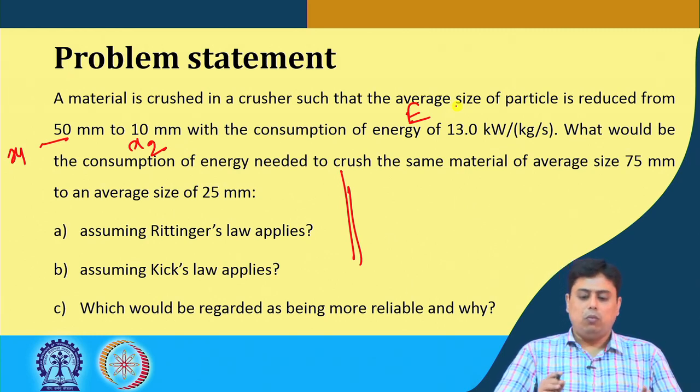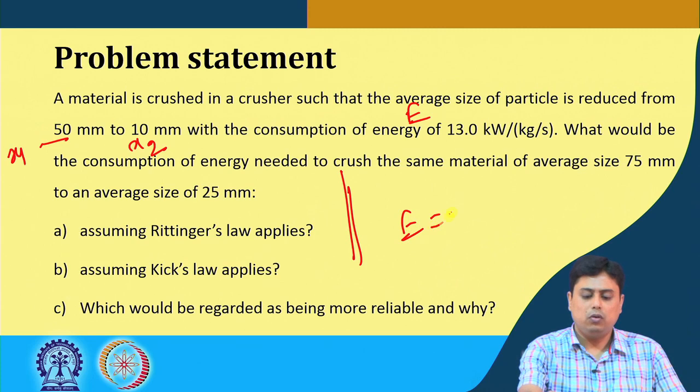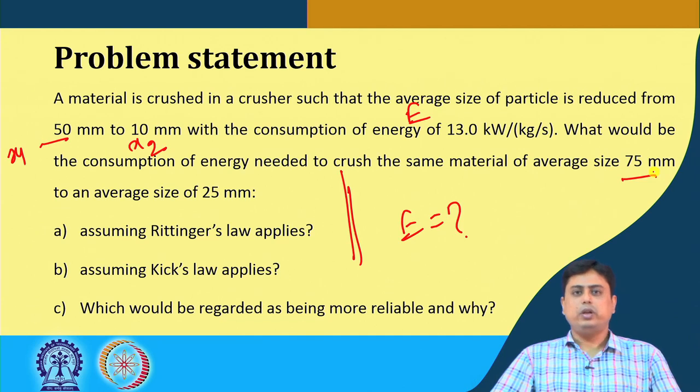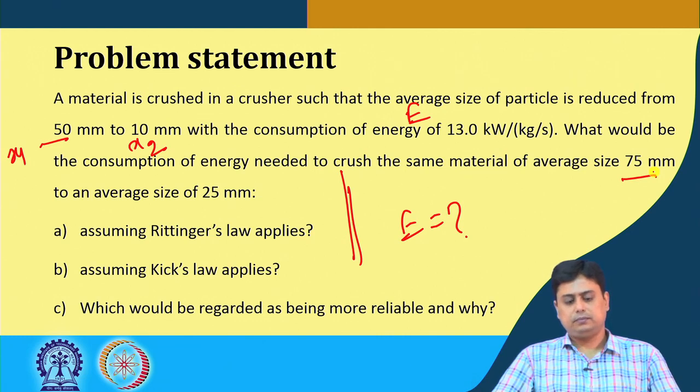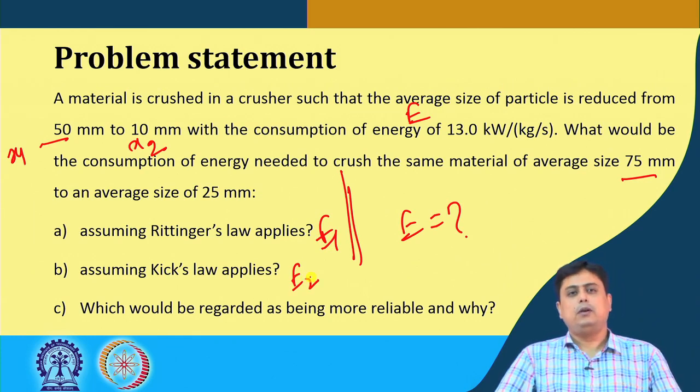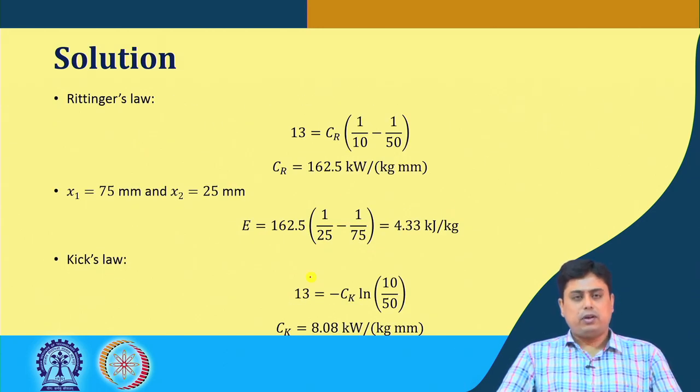What is the energy requirement when this size reduction is from 75 millimeter to 25 millimeter? We have to apply both laws, Rittinger's law and Kick's law. And the last part is which should be regarded as more reliable and why. We have to provide an explanation for that. We will get one E1 from part A and E2 from part B, and decide which one is more reliable for the design. So, a very straightforward simple problem.